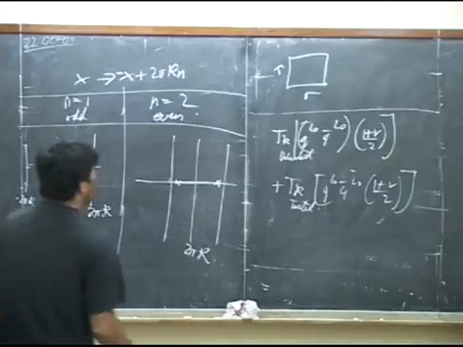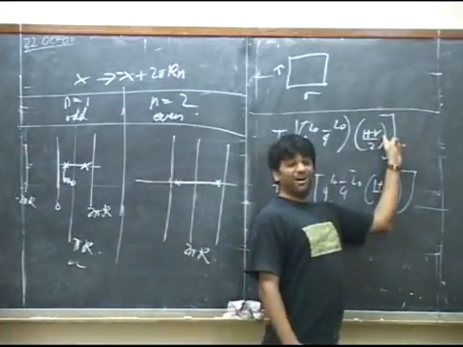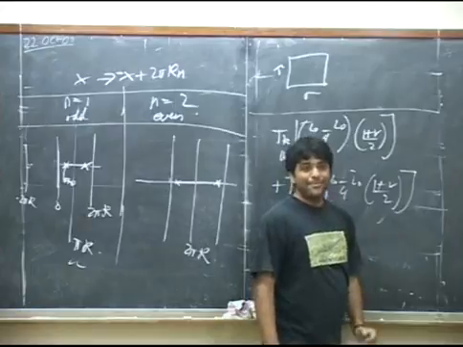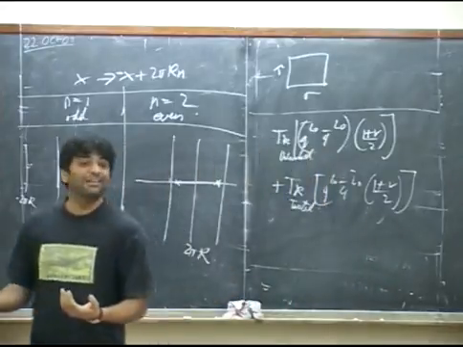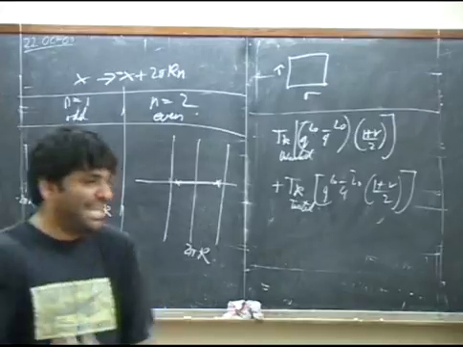Now, what does this R do for us? This R has a very simple action on the fields. On the fields, it takes x to minus x.